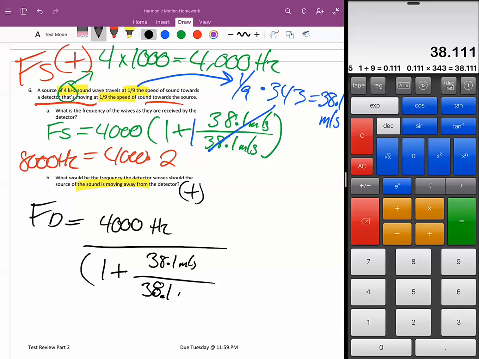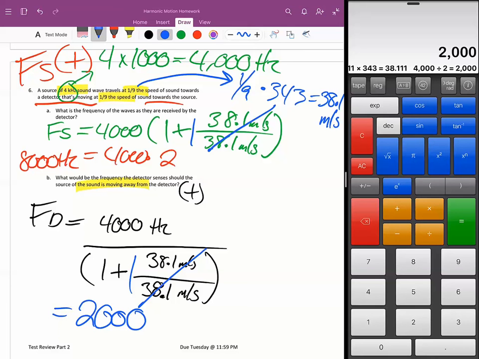Now these two numbers as before become 1. Now 4,000 divided by 2 gives you a relative frequency of 2,000 hertz. This will be your dynamic Doppler frequency relative to the observer, which in this case is the radar detector.